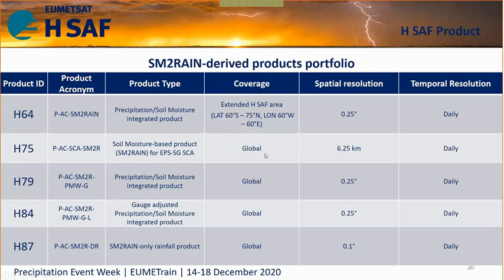We are going also to provide a gauge-adjusted integrated product in order to obtain even more reliable rainfall information. And we are going to provide also a rainfall data record obtained through the use of only soil moisture information on a global scale.